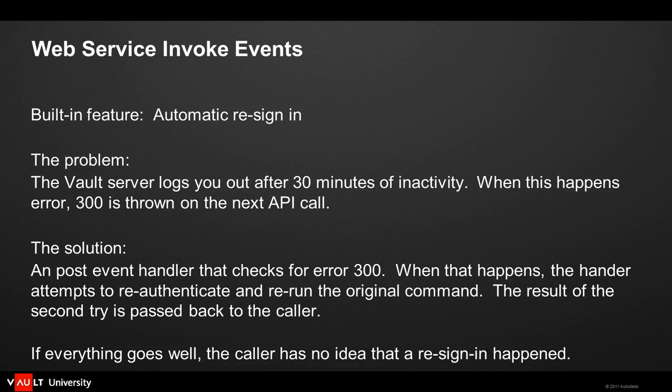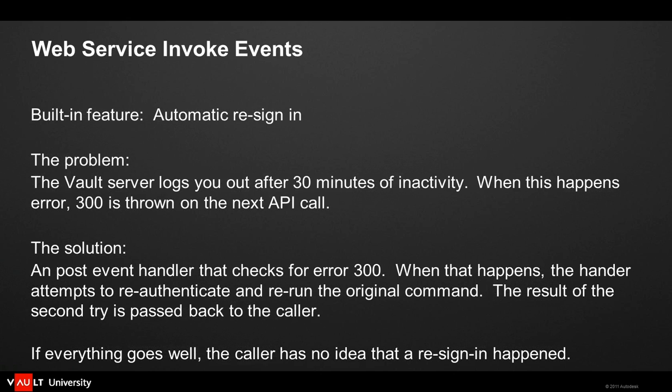So these invoke hooks were perfect for that. We did a post hook and checked for error 300. If we found that we had error 300, we would basically log in again and then run that exact same command again and then pass up whatever result came back from the second run.